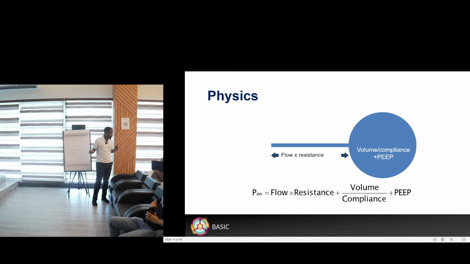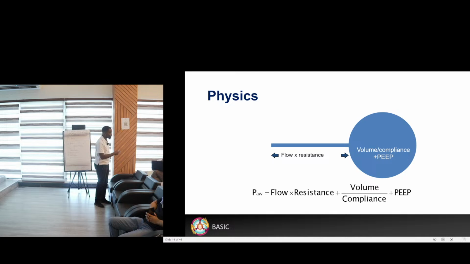Are we clear? So how can I increase flow? Flow is equal to volume over time. So if I increase volume, I increase flow. If I decrease time, I increase flow.